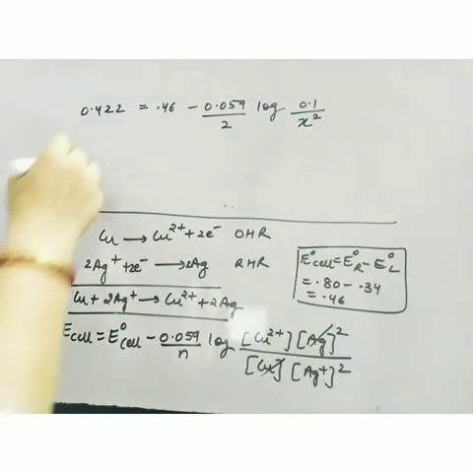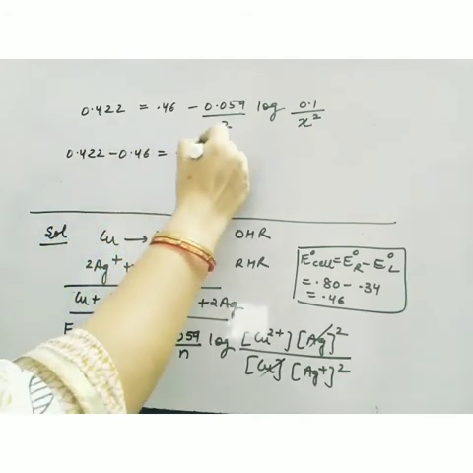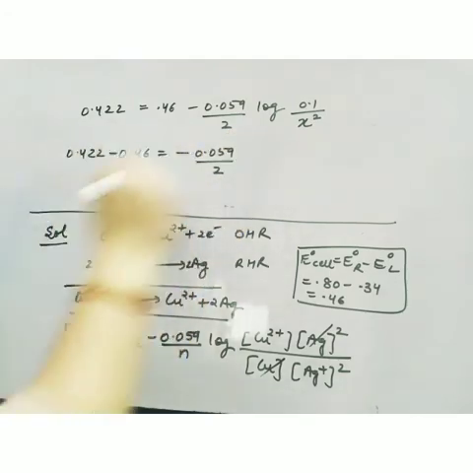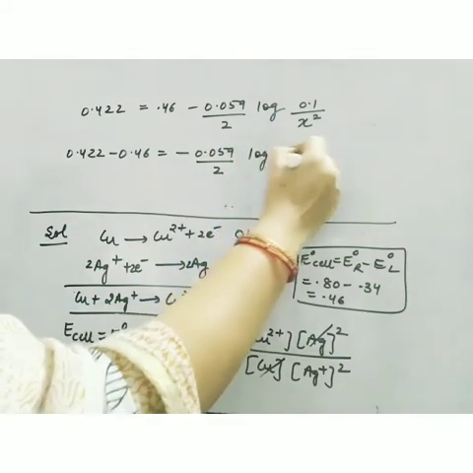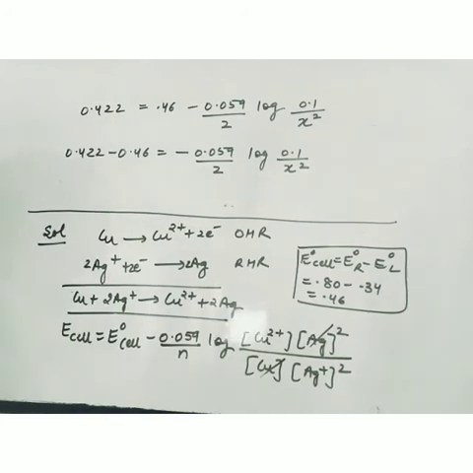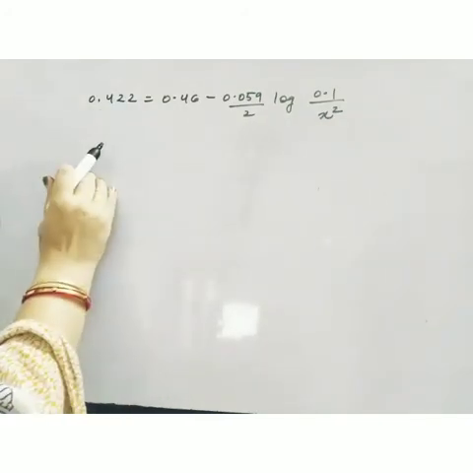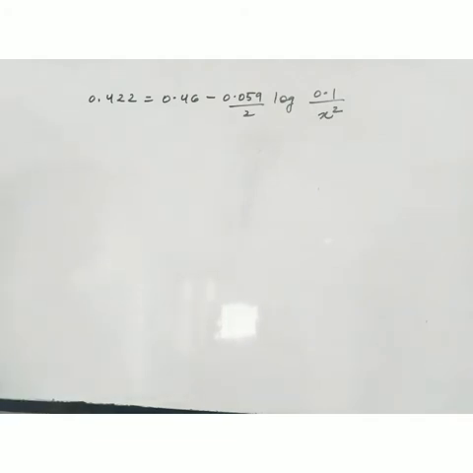Now 0.422 minus 0.46 is equal to minus 0.059 upon 2 log 0.1 upon x square. We'll solve it like this. So 0.422 is equal to 0.46 minus 0.059 upon 2 log 0.1 upon x square. Now let's solve it.